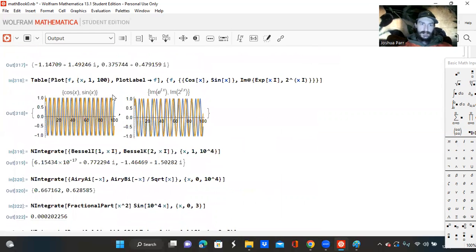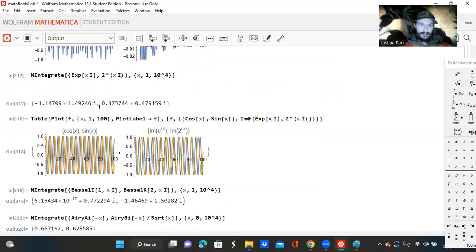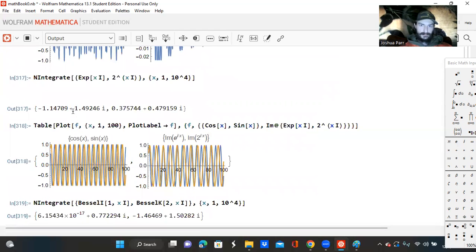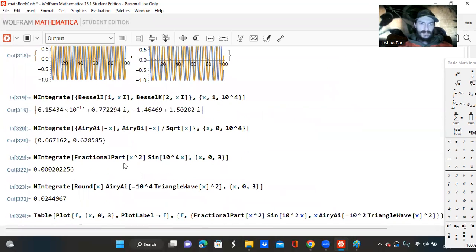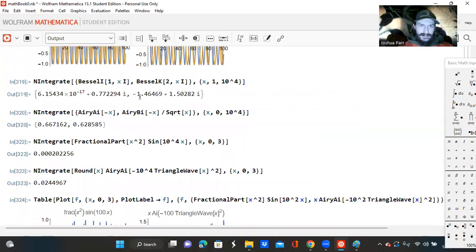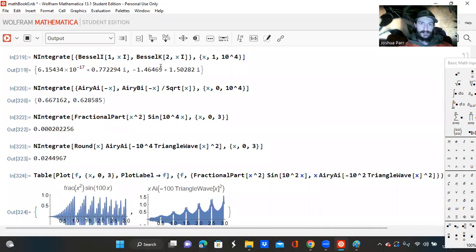Again, table. This is a measurement of this function over time, and it's being projected into the complex vector space. And integrate. Got some more Bessels: Bessel K, Bessel I, Airy Ai, Airy Bi.